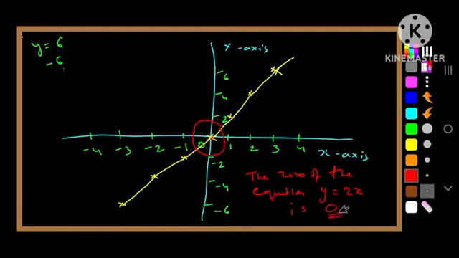That is, what is our 0? The point where the graph touches the x-axis. At what point is it touching? Here it is touching at 0. So 0 is our answer.